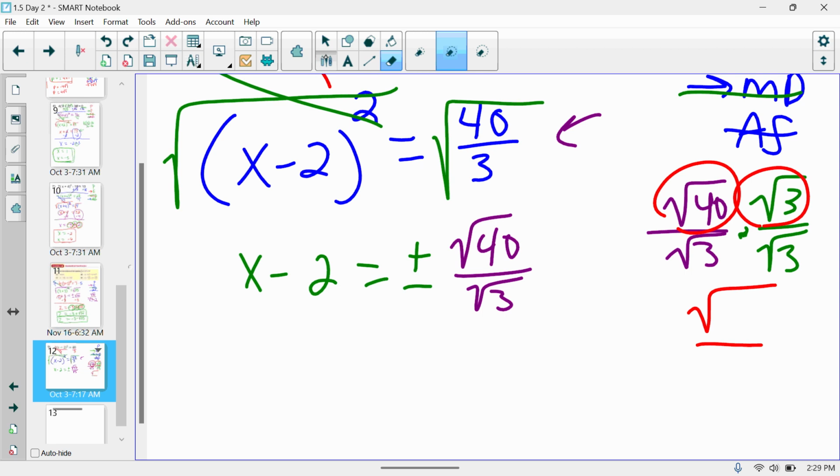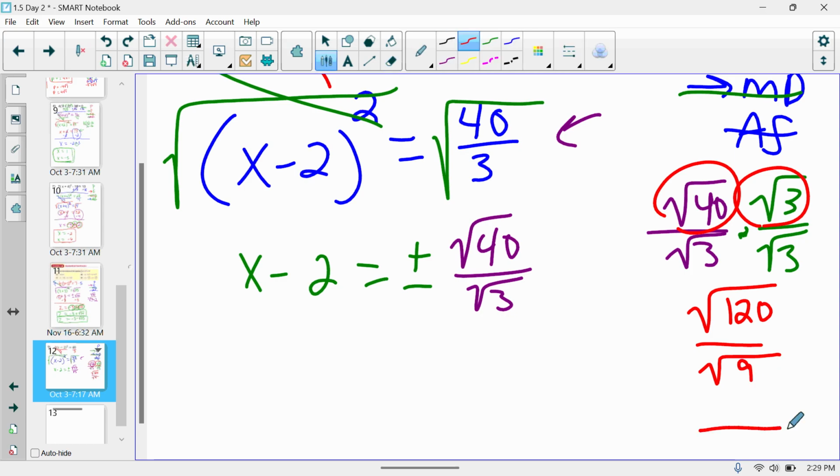You can actually multiply it together. Same thing in the denominator. We could write it as one product, but just go ahead and actually do the math. 3 times 3 is 9, so that makes it radical 9. But the square root of 9 is just 3, right? Remember, that's good. That's the whole goal. We were trying to get rid of it and have it be a whole number.